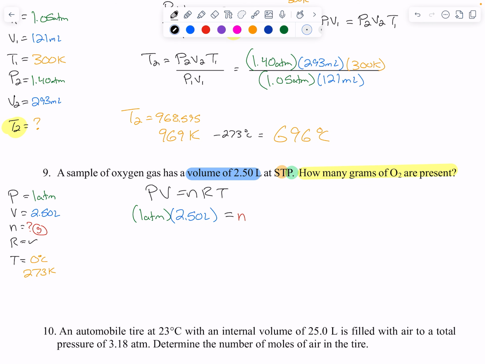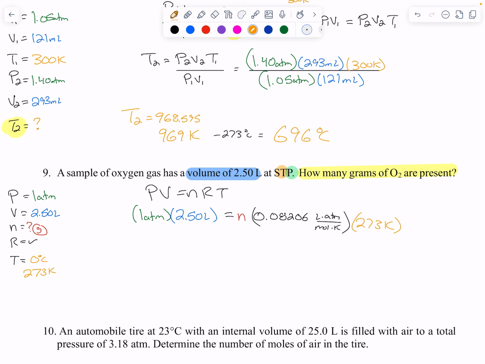We know R, 0.08206 liter atmospheres per mole Kelvin. And we know T at 273 Kelvin. So I'm going to pause right there. You notice I put the numbers in first. If that's how you like to do the problems, you are welcome to do the problems this way. I like rearranging it.